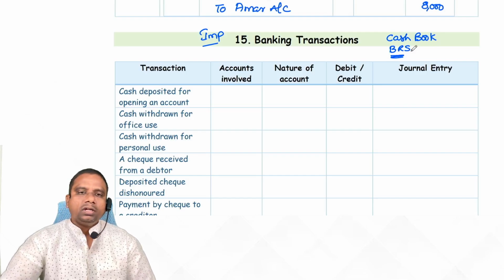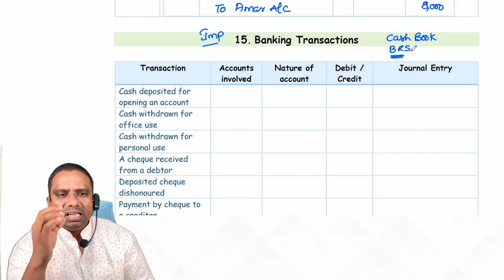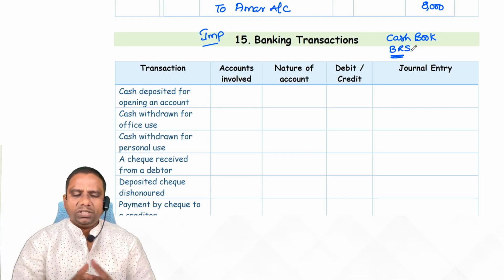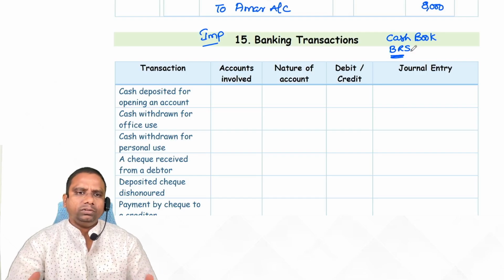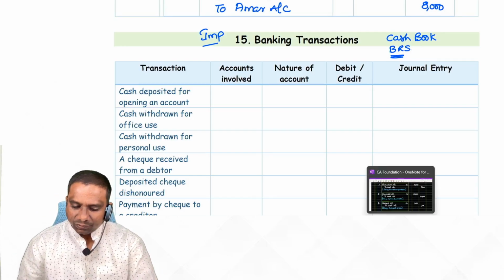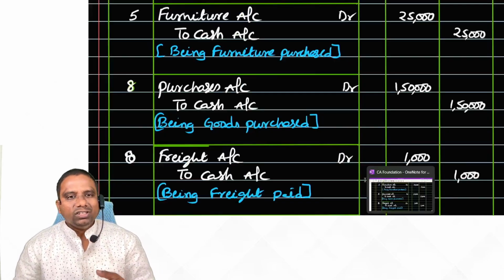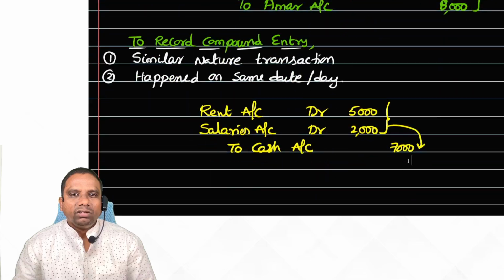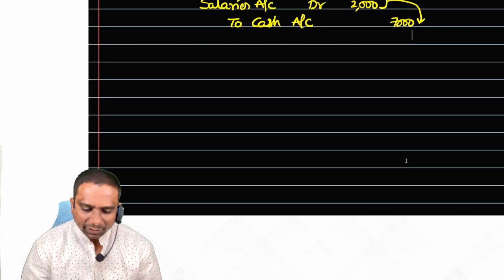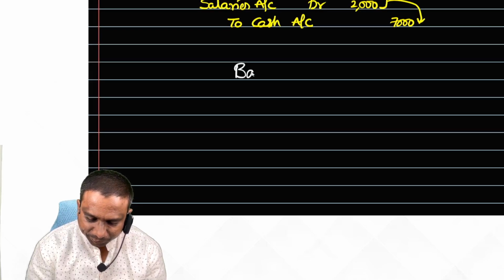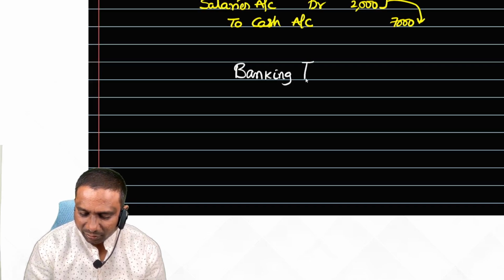Now, see, nowadays everybody is doing banking transactions in the form of UPI. Majority of people are doing UPI. Apart from UPI payment, as an individual, we are having two, three accounts in the bank. Yes or no?